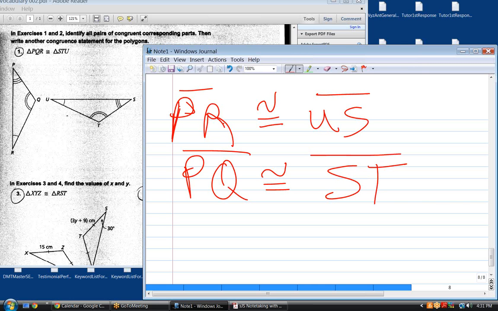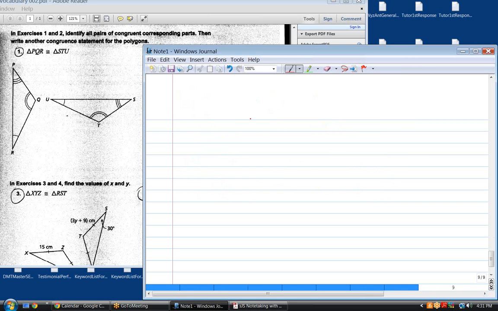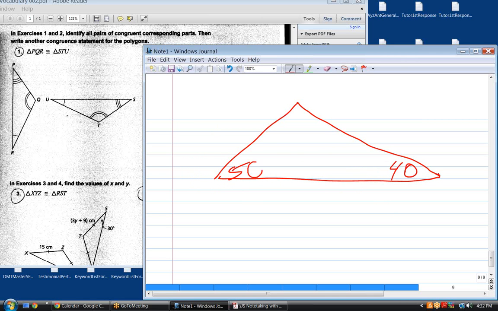Not only that, but the longest side of a triangle has to be opposite the biggest angle. The smallest, let's make this 40, let's make this 50, and that makes this 90. Okay? What's the biggest side of this triangle?